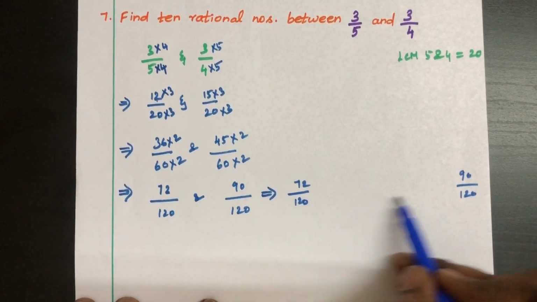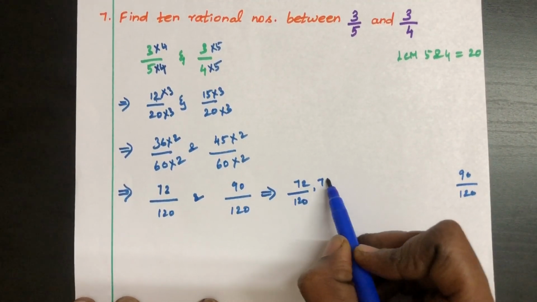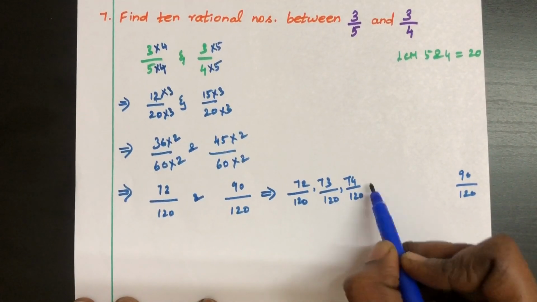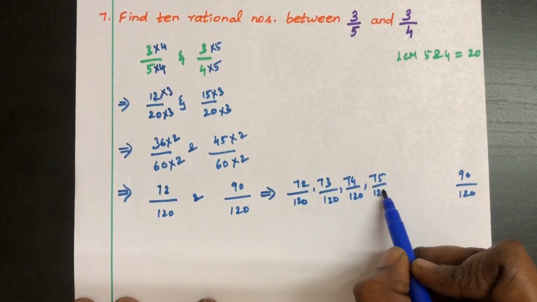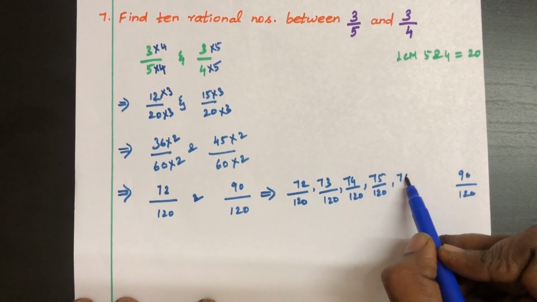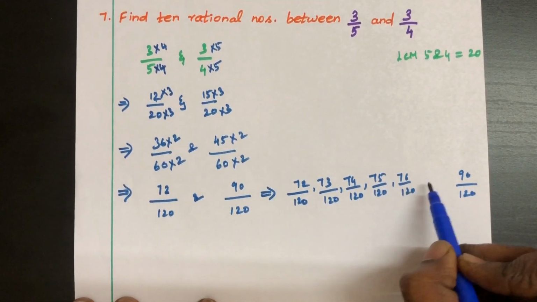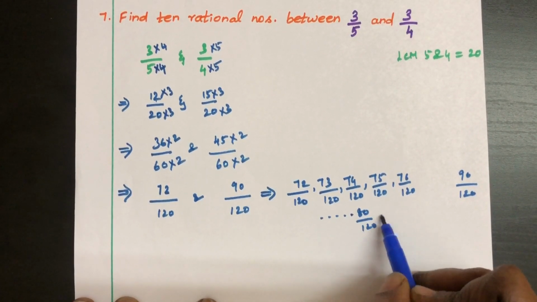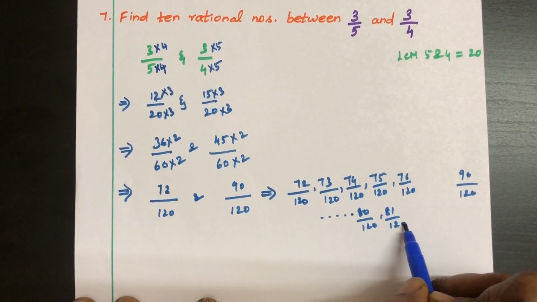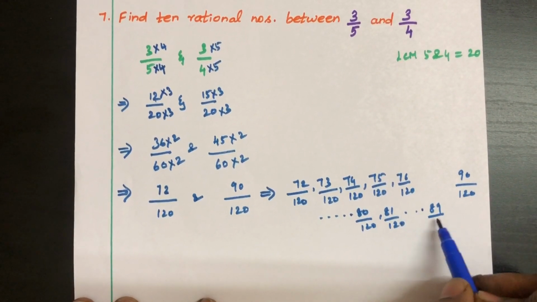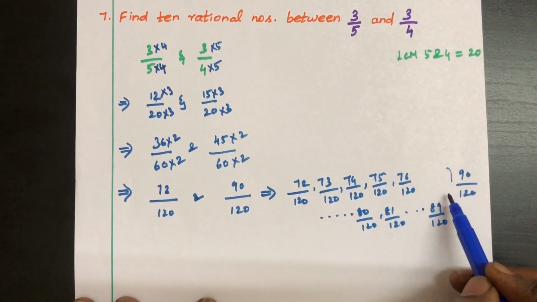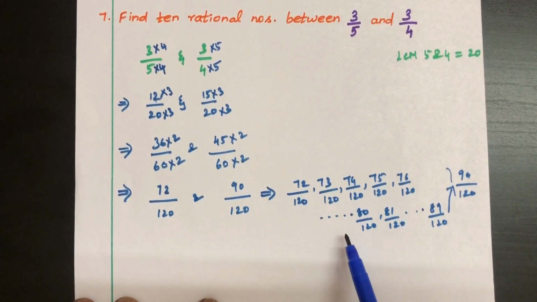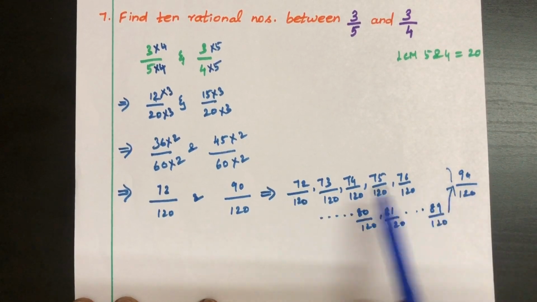The denominators are the same, so the numerators are 73 by 120, 74 by 120, 75 by 120, 76 by 120 and so on, 80 by 120, 81 by 120 and so on, 89 by 120. Finally it will come to 90 by 120. So here we can find 18 rational numbers in between these two numbers.